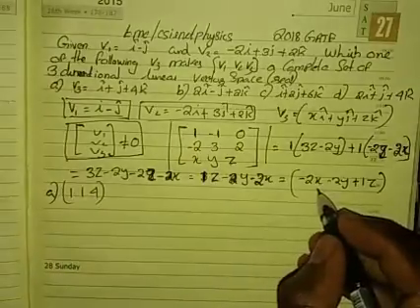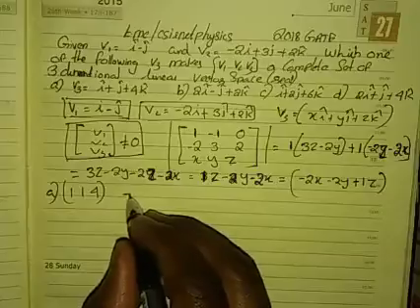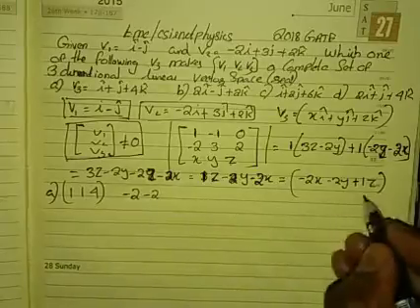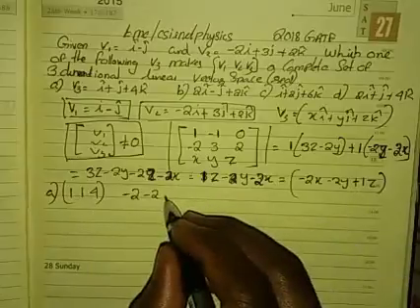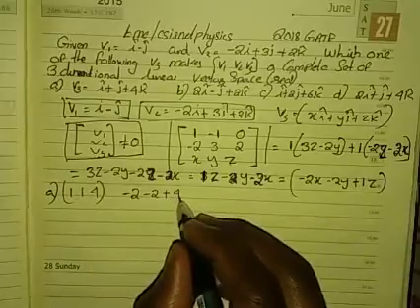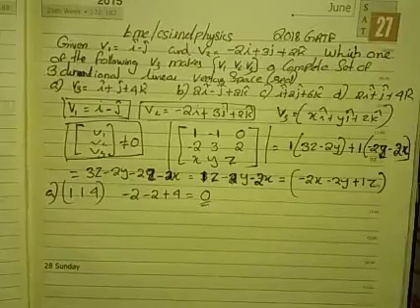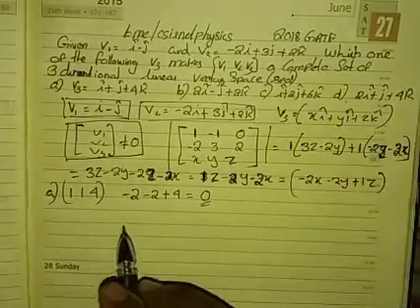For that you will get minus 2 times 1 is minus 2, minus 2 times 1 is again minus 2, and then 4 times z, which gives you 4, which will be equal to 0. So this is not the correct option, so we can use option D.